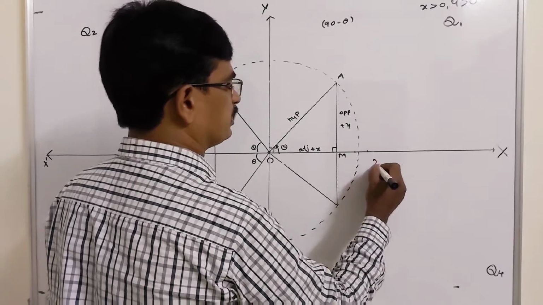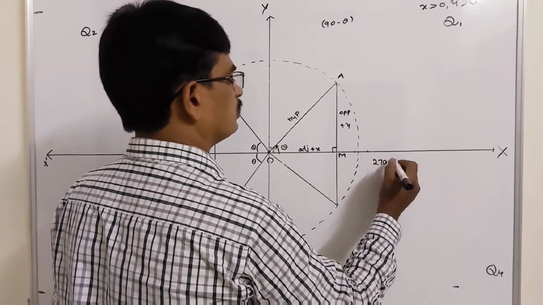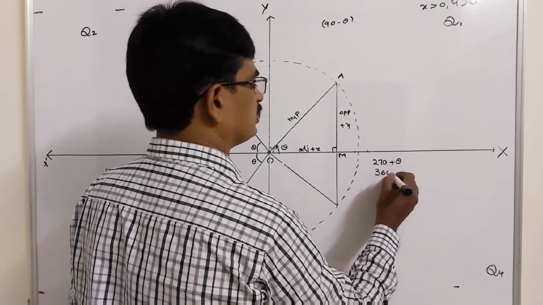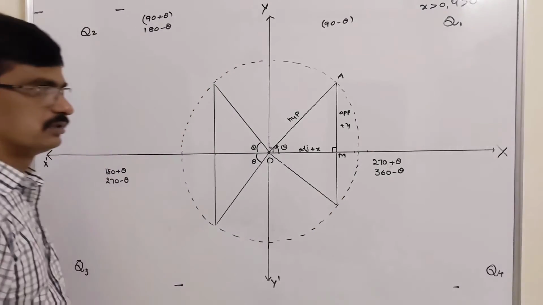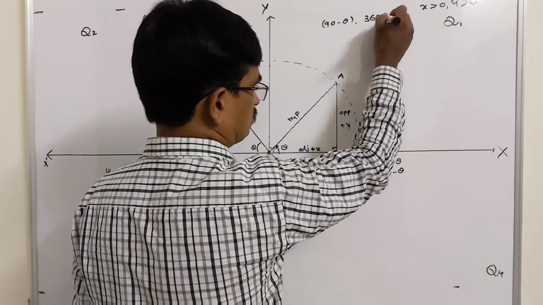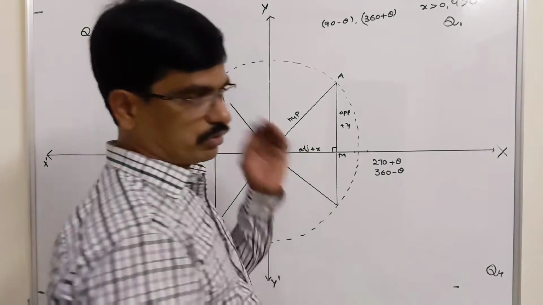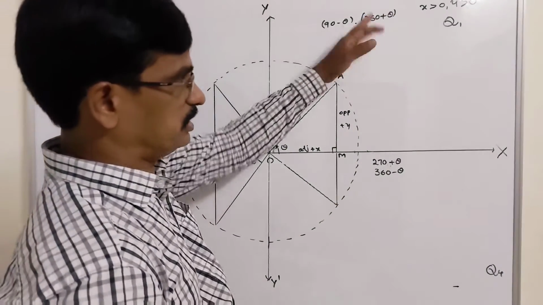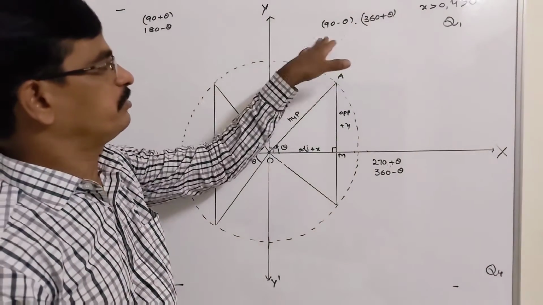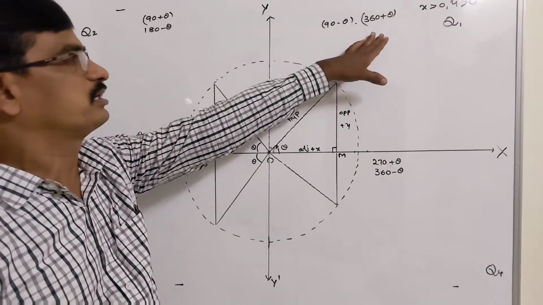In the fourth quadrant, 270 plus theta, 360 minus theta. And in the first quadrant again 360 plus theta, because after one complete rotation we get 360 plus theta. Okay. In the first quadrant 90 minus theta and 360 plus theta will be there.